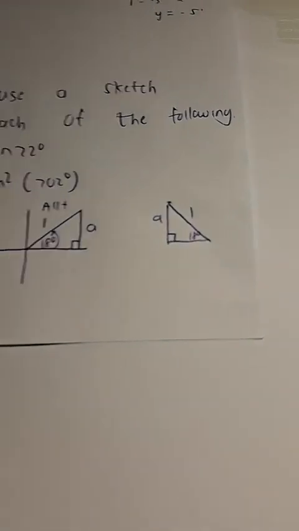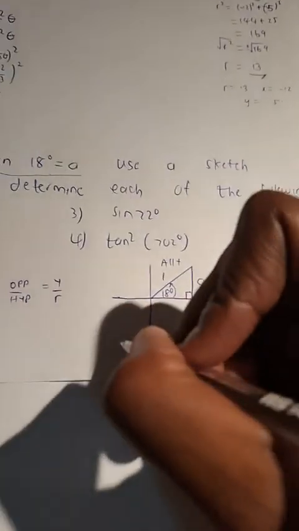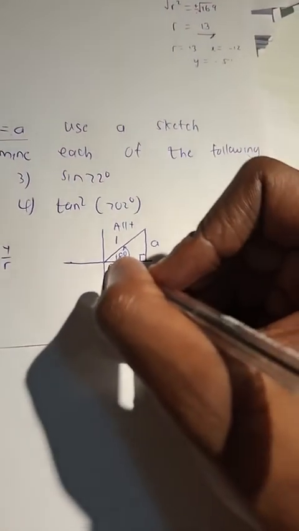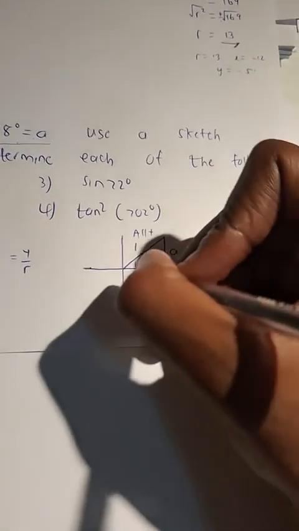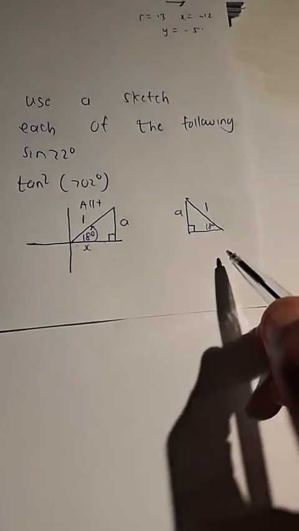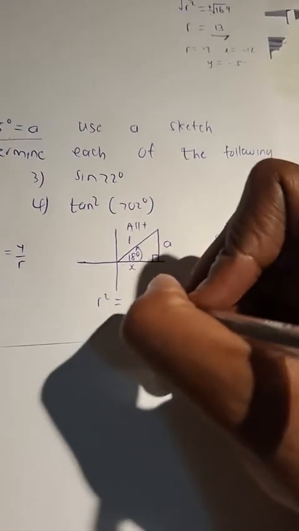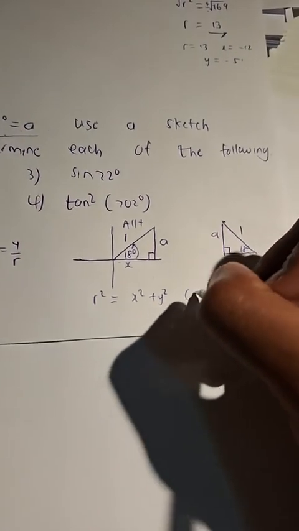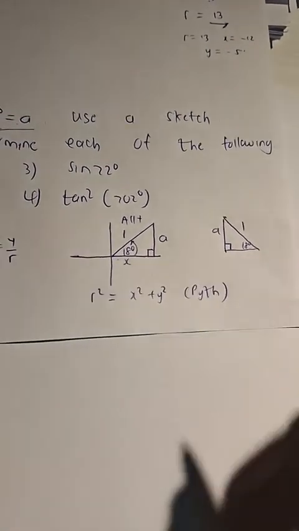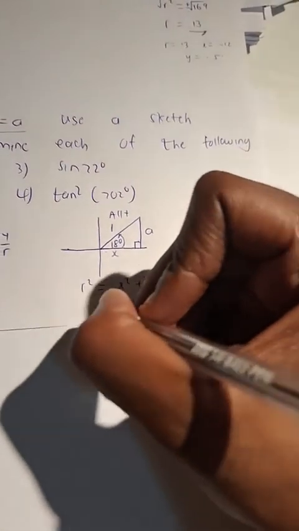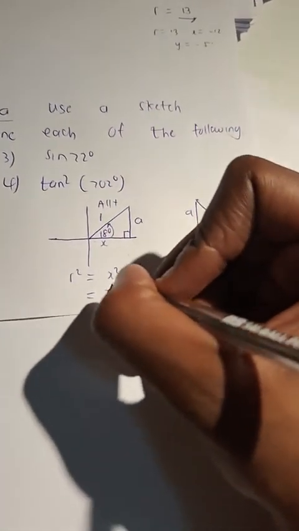Then we can use Pythagoras to find the missing variable, which is x, or in this case, your adjacent side. So we say r squared is equal to x squared plus y squared using Pythagoras. Then x squared, that's what we are looking for.